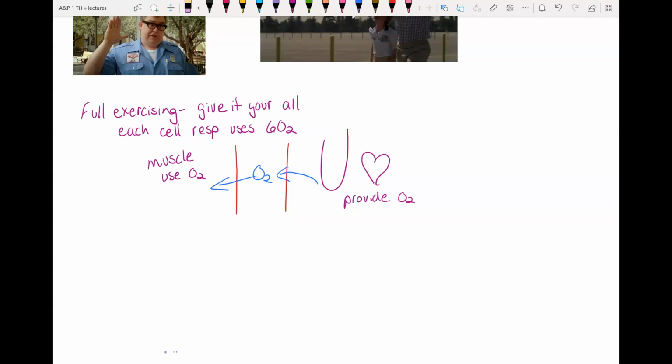Instead, what happens is your muscles use more. There is more going out than what is going in. So the result of that is the amount of oxygen in your blood drops. So in this scenario, exercising as fast as you can, your muscles use more oxygen than your heart and lungs provide.